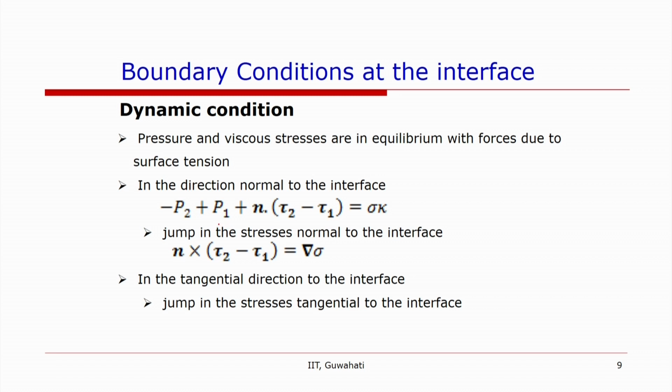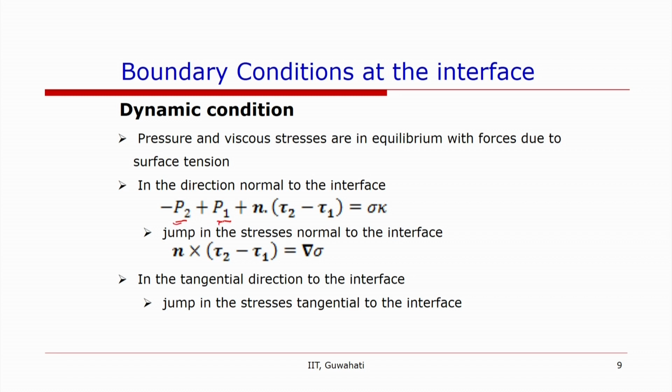As you might remember from the surface tension discussion, the difference in pressure for the static condition, P1 and P2, is equal to sigma kappa. So, the total jump in the stress tensor is a normal stress tensor.